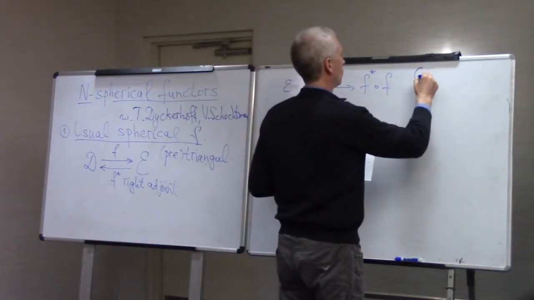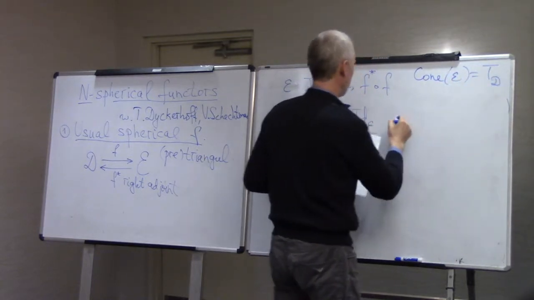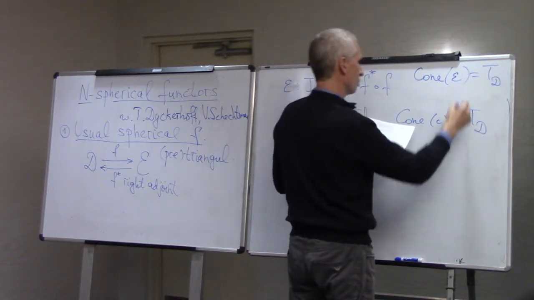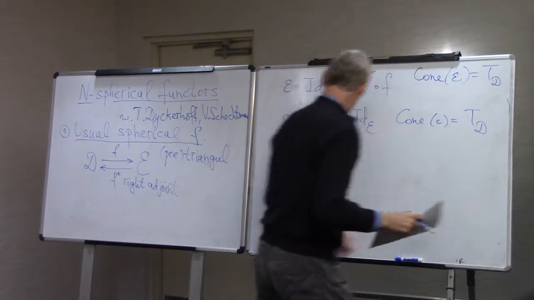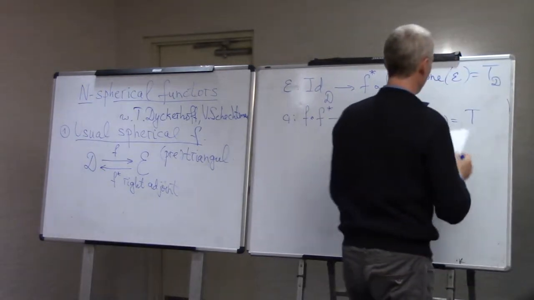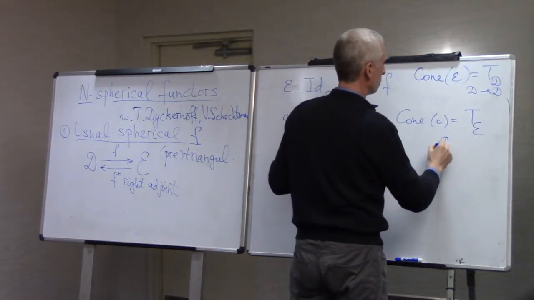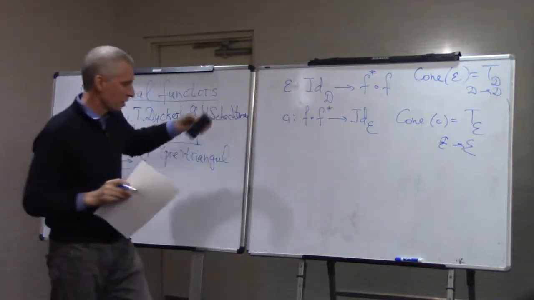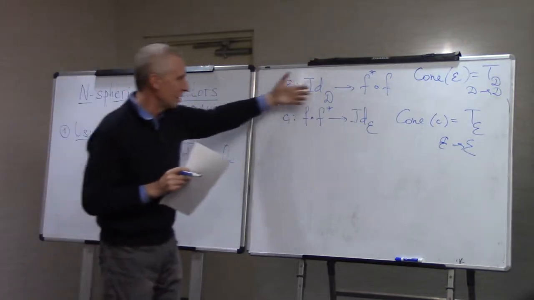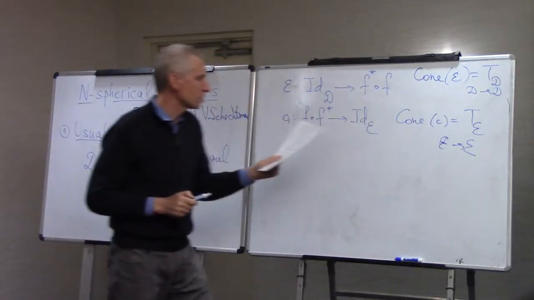We have the cone of epsilon, call it T sub D, and the cone of the co-unit, call it T sub E. This is a functor from D to D, and this is a functor from E to E. And F is called spherical, again there are different sets of conditions which end up being equivalent, but let me focus on the most important of them: if those functors are equivalences of categories.